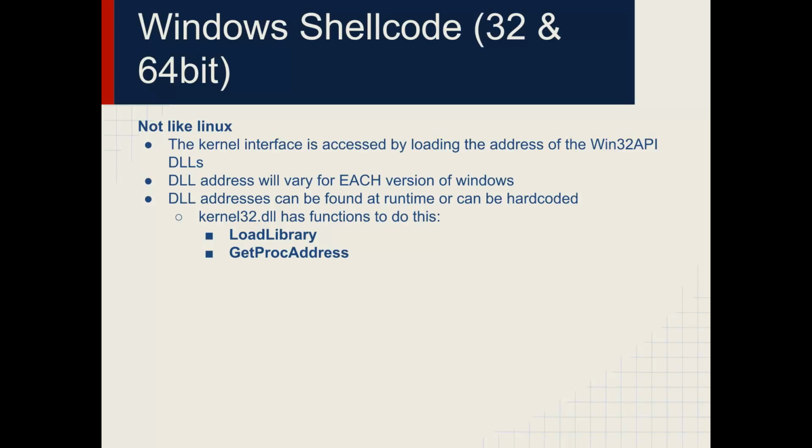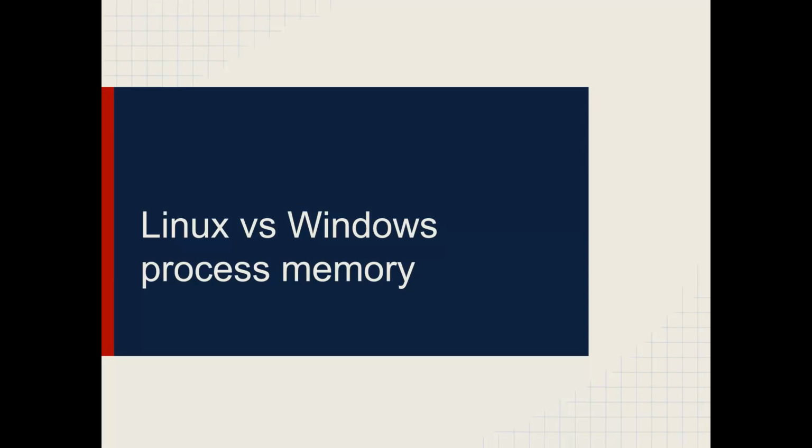Then you load the libraries and get the proc addresses for whatever functions you want to run, and simply call the procedures. It's relatively that straightforward. The Corelan tutorials, which we suggest later on in this lecture, provide a very good introduction to this and are a must if you wish to go into any form of Windows security in this style.